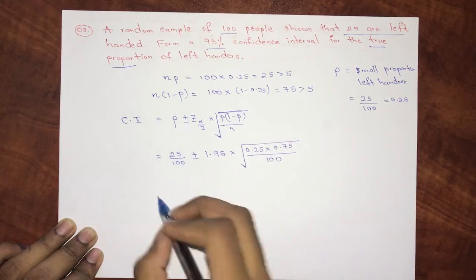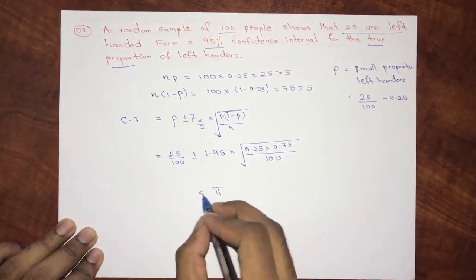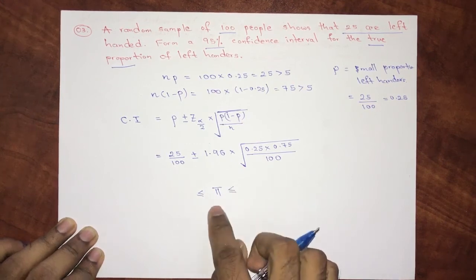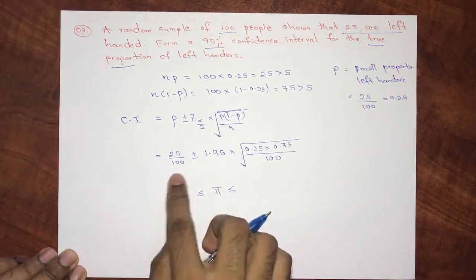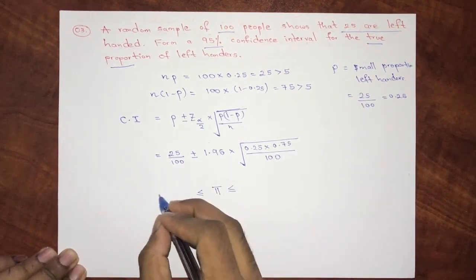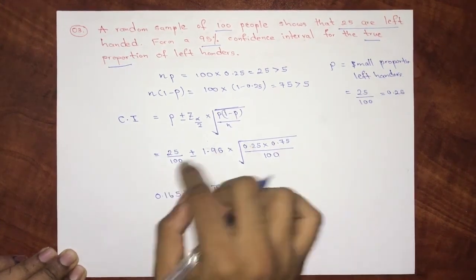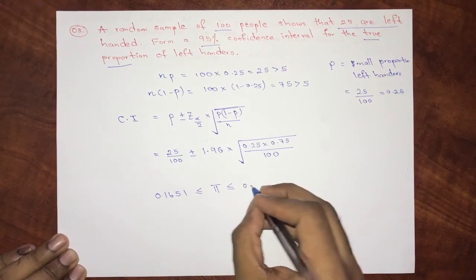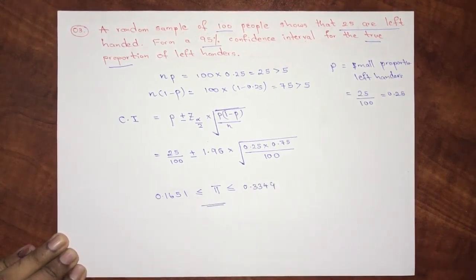Whole thing square root. So what we are asked for is, what are the two values in between which your population proportion lies. So if you deduct this value from 0.25, you would get 0.1651, and if you add this value to 0.25, you would get 0.3349.